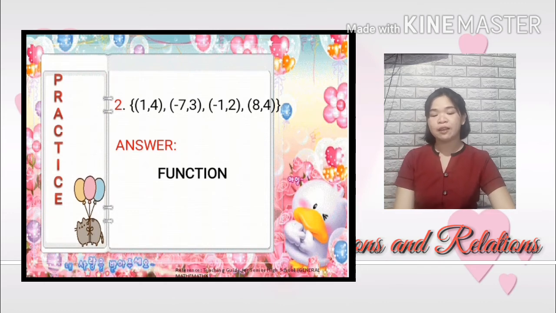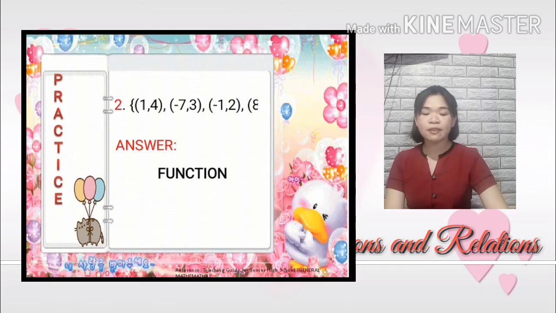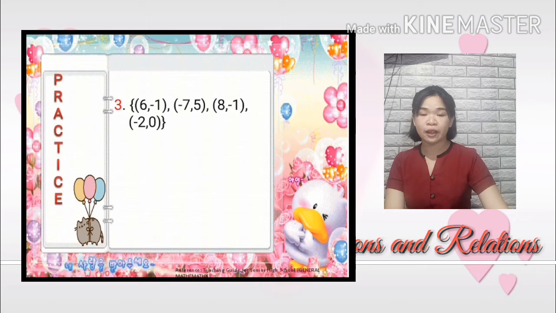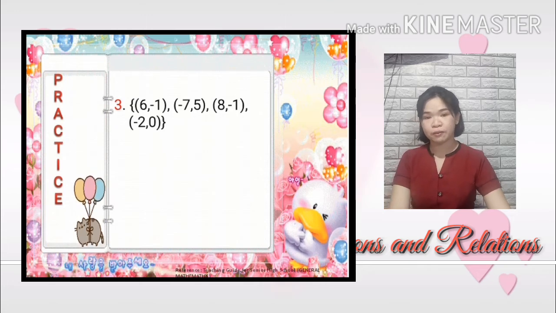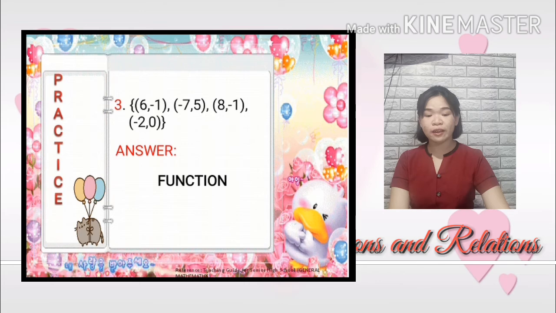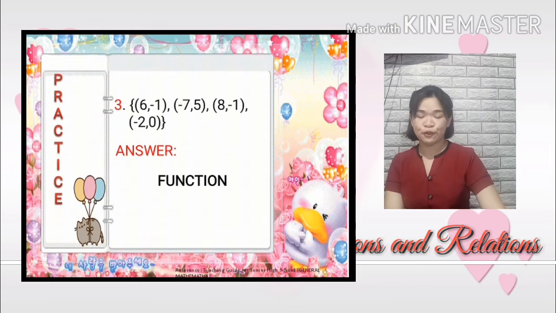Okay? Number 3. Set of (6, negative 1), (negative 7, 5), (8, negative 1), (negative 2, 0). Is it a function or relation? That is a function. So the domains are 6, negative 7, 8, negative 2.